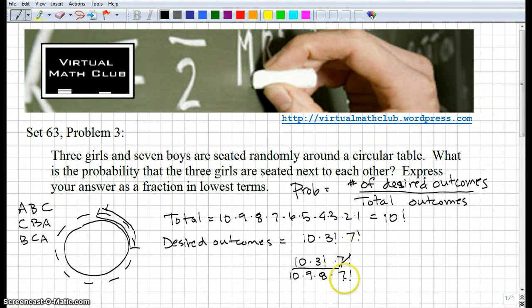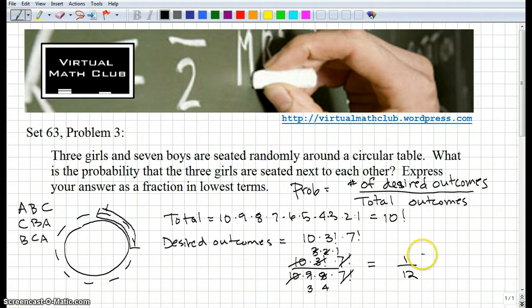You can see here 7 factorial over 7 factorial is just 1, and 10 over 10 is just 1. And 3 factorial is 3 times 2 times 1, so I can replace that. I can see I have a common factor between the 3 and the 9, and I can eliminate a 2. I have nothing left on the top except 1, and the only thing I have left on the bottom is 12.